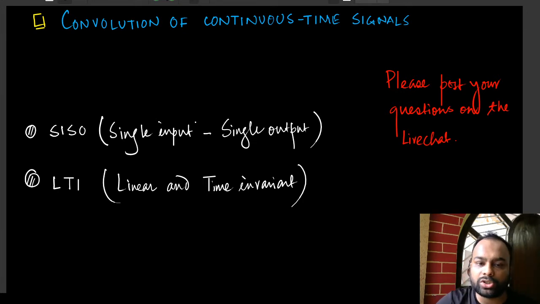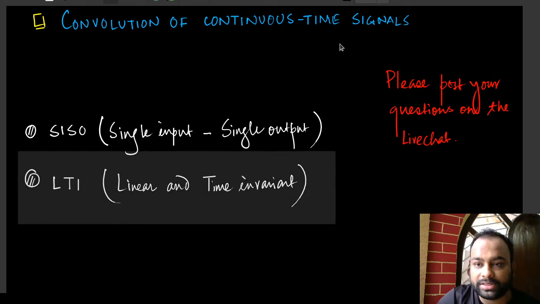Again, SISO is not entirely needed. The system does not entirely need to be SISO. Whatever we're going to study today is also applicable for MIMO systems, but this criterion must be satisfied. This criterion here is an essential one.